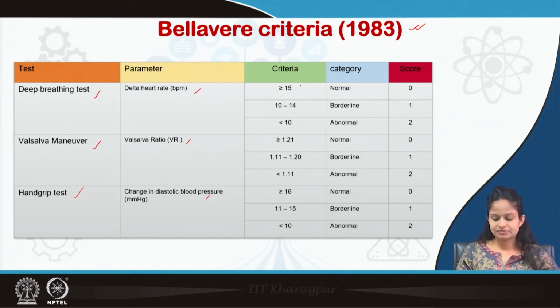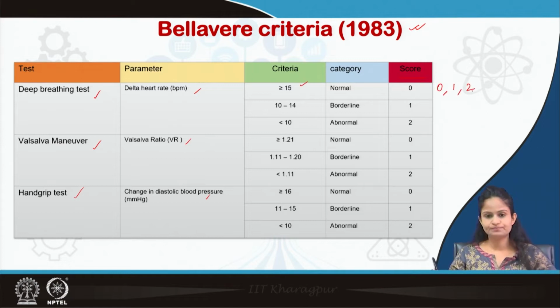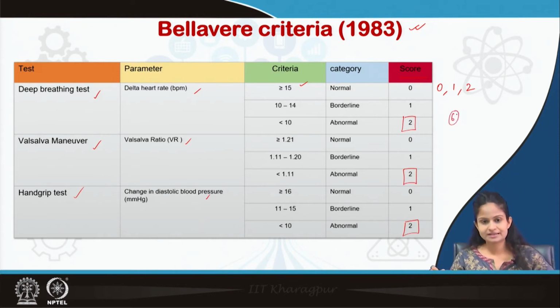Usually the criteria remain the same, only we have given a score of 0, 1 or 2, which means the highest score in case of abnormal is 2 for the deep breathing, 2 for the Valsalva ratio, and 2 for the hand grip test, that means the highest score has to be 6. If the person has a score of 6, that means the cardiac autonomic neuropathy is severe in that person.